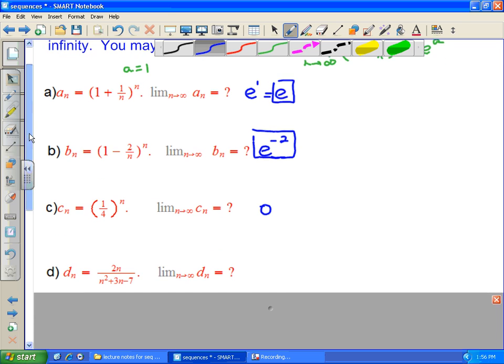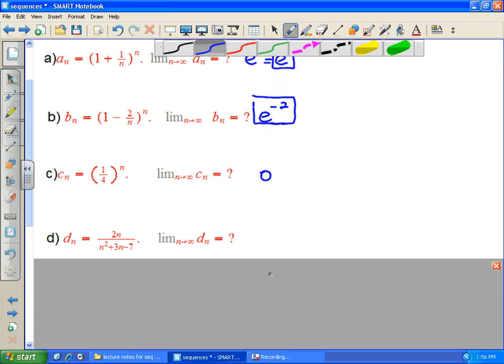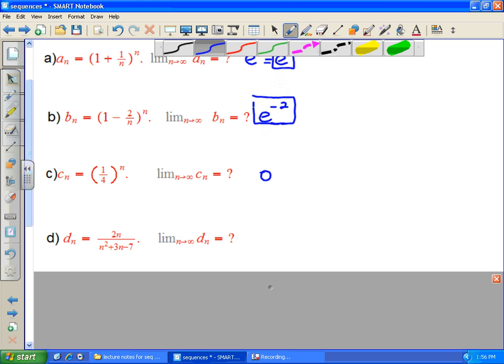How about this one? This one you didn't really need today's lesson to do. You already knew how to do this one, but let's do it anyway. Anytime you have a ratio of polynomials, you can use the rules from Calc 1, or you can use L'Hopital's rule.